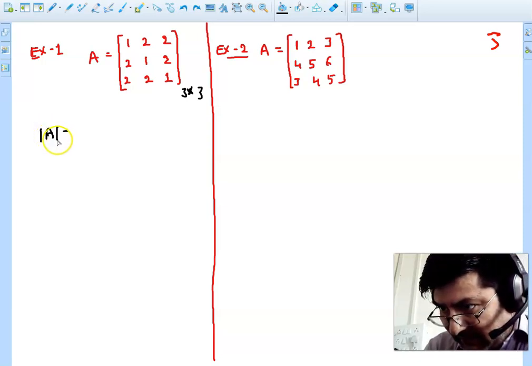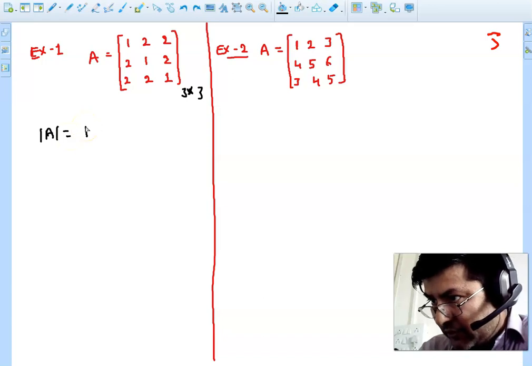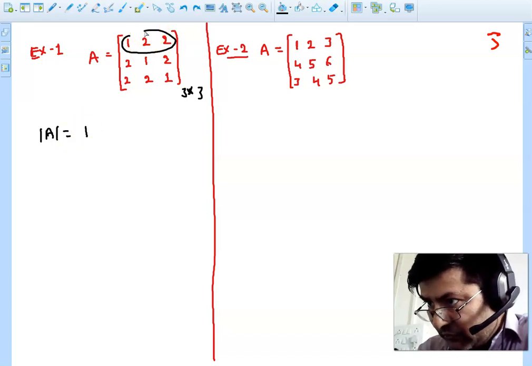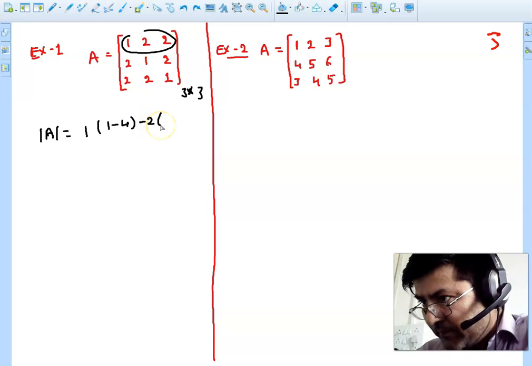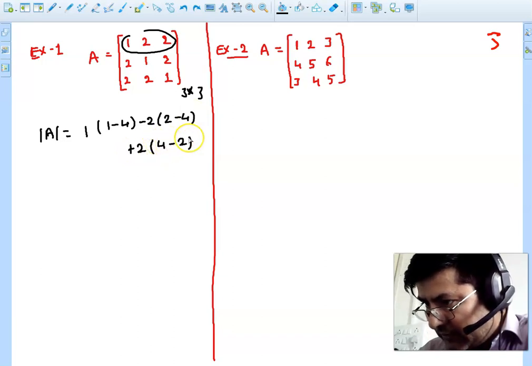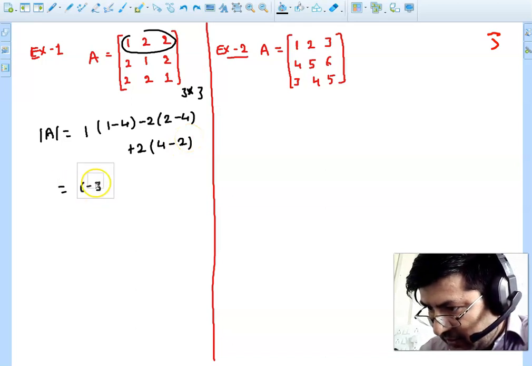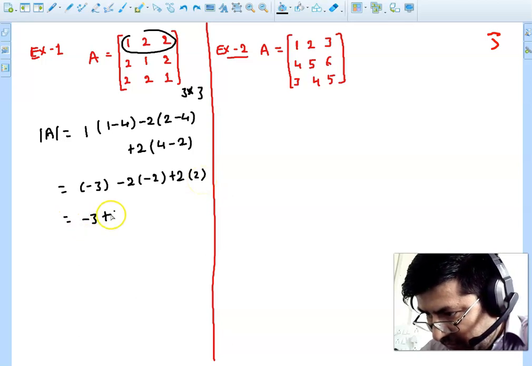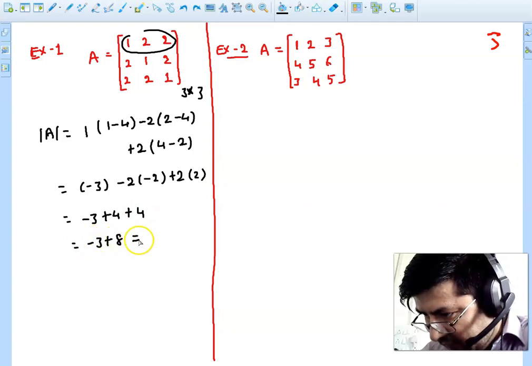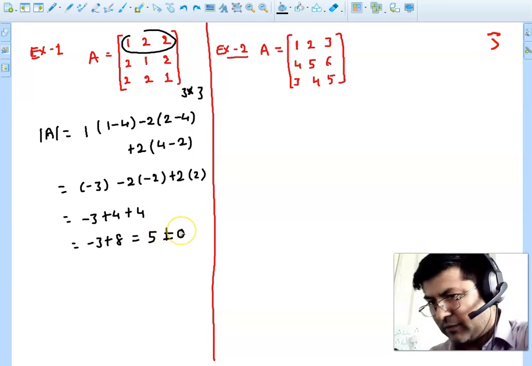Okay, so let us check the determinant of matrix A. We will expand along the first row. 1 into (1 times 1 is 1 minus 2 times 2 is 4) minus 2 into (2 times 1 is 2 minus 2 times 2 is 4) plus 2 into (2 times 2 is 4 minus 2 times 1 is 2), equal to, we have, minus 3 minus 2 into minus 2 plus 2 into 2, so minus 3 plus 4 plus 4, minus 3 plus 8 is equal to 5, which is not equal to 0.